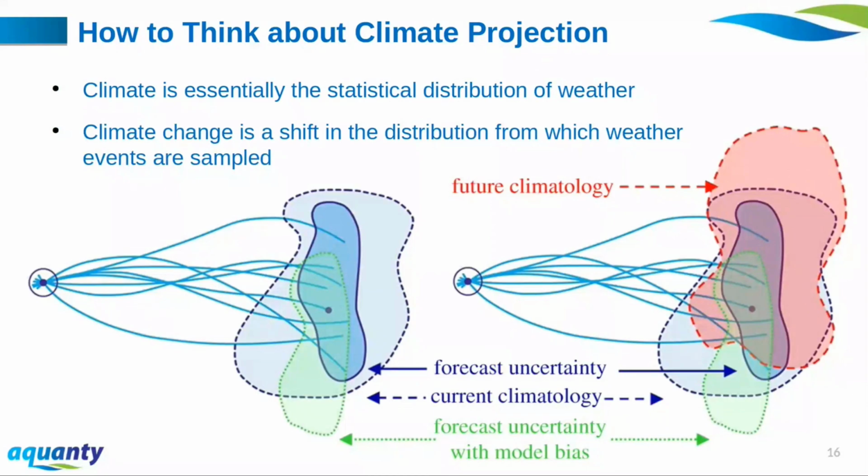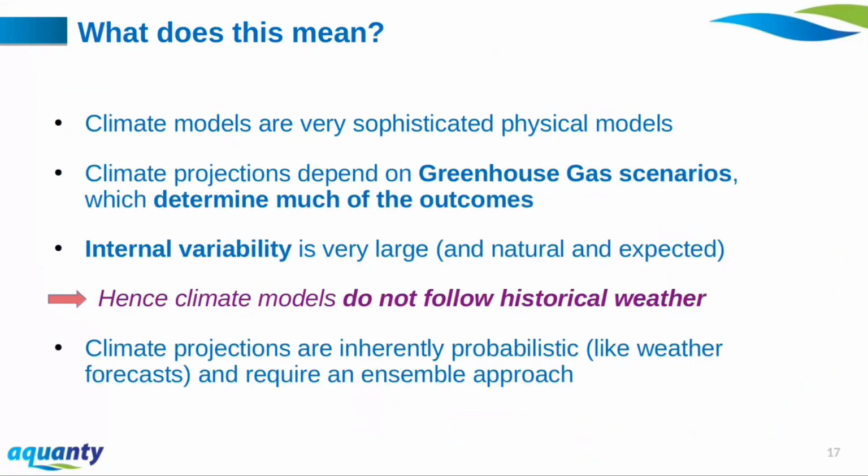Right, and so the differences in model bias, that's basically shown with the green distribution, that each particular model may actually have a slightly different distribution compared to the actual climatological distribution. Right. So this is just the conceptual framework that I would encourage you to think about climate. It's the statistics of weather, and it's a change in the distribution of weather. Right. Okay. So this concludes basically this section here.